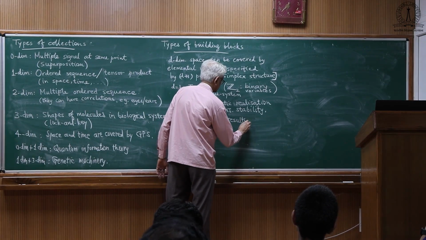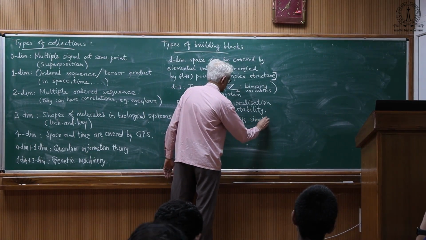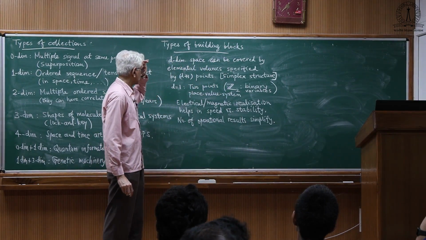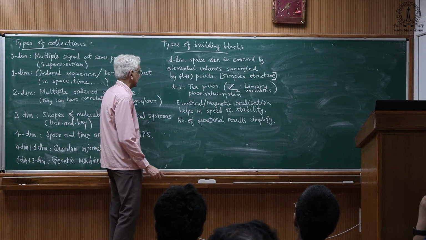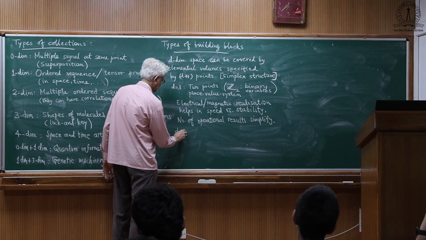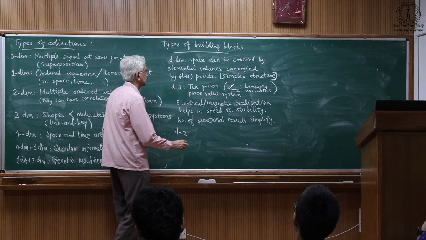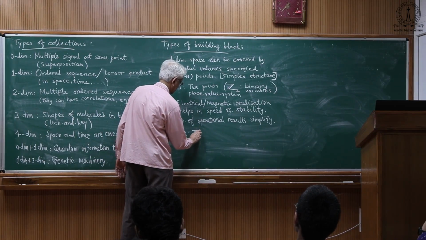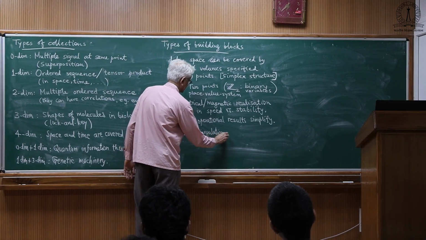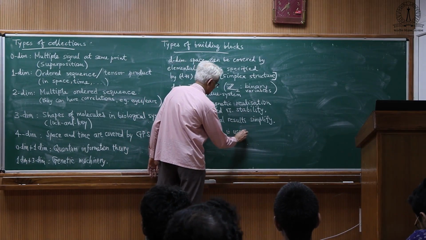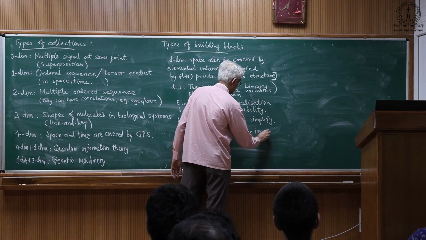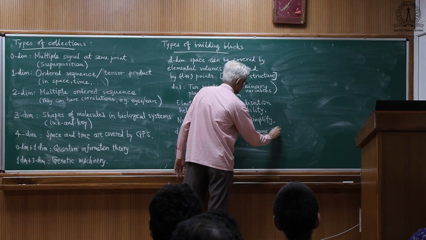Now consider two-dimensional situations. Here the simplex is a triangle, and any two-dimensional surface can be covered by triangles of different shapes and sizes, and that is quite convenient for doing image processing.